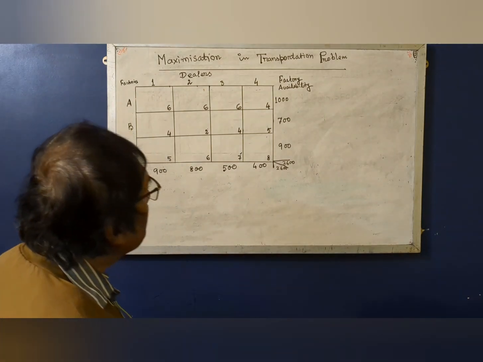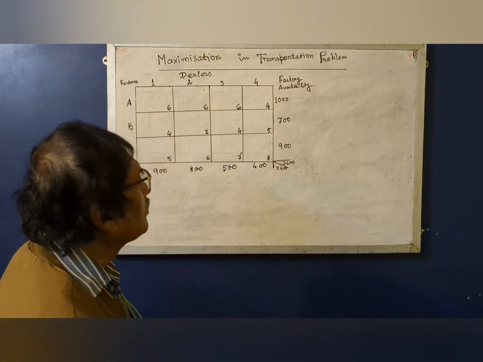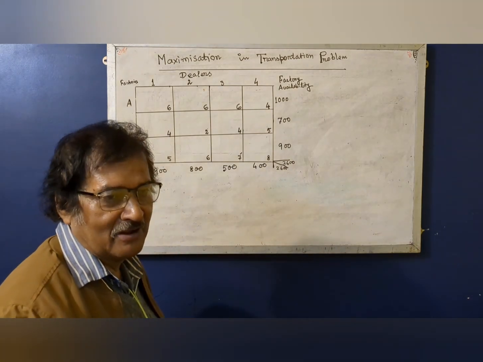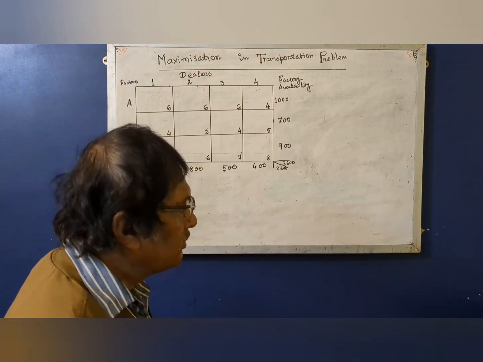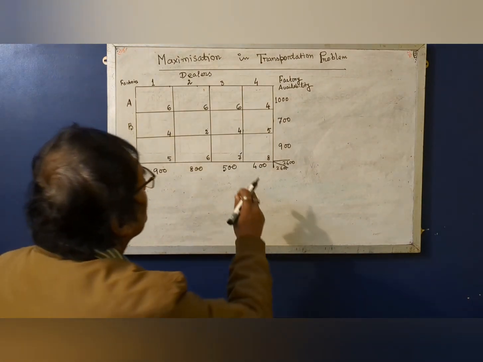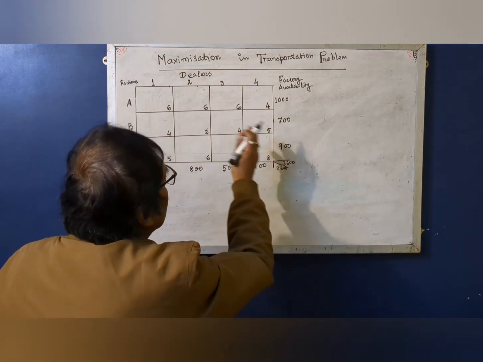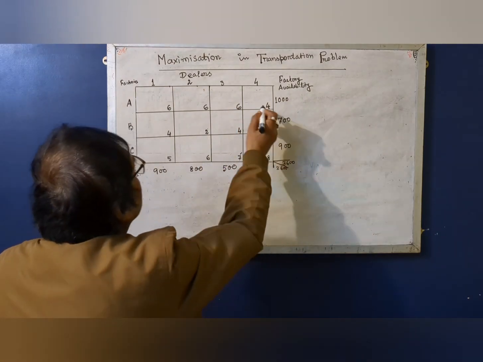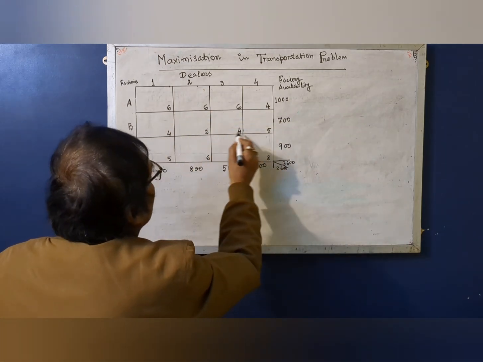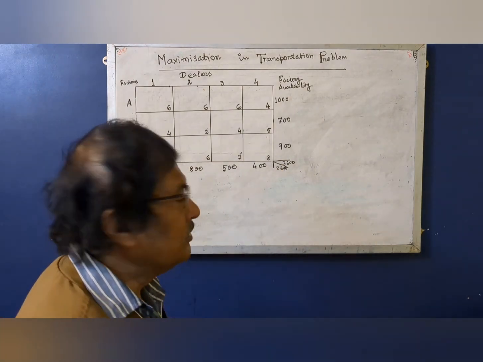First of all, the first step in this case, as it is a maximization problem, you have to convert the maximization problem to a minimization problem. How we will do it, I am not going to discuss in detail the mathematical jargon. Simply, to convert this profit problem to a cost problem or minimization problem, you select the maximum profit per unit. In this case, out of 6, 4, 5, 6, 8 is the maximum profit per unit.